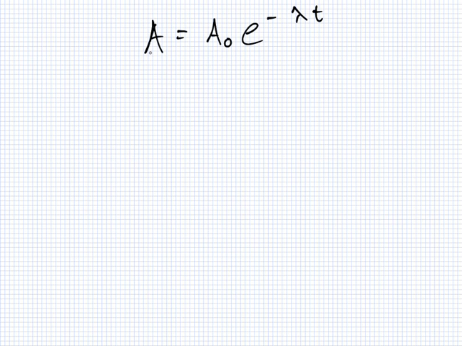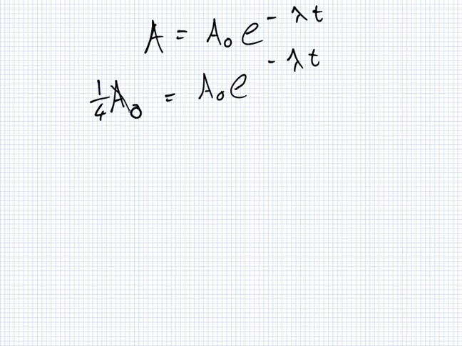Now, what does the A here equal? What do I say it equals? A quarter. A quarter of what? Initial. So in fact, on the left, this is 1/4 A0. Now does that make sense? Because I say it's a quarter of the initial. A0 e to the minus lambda t.